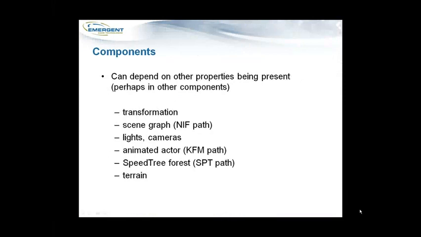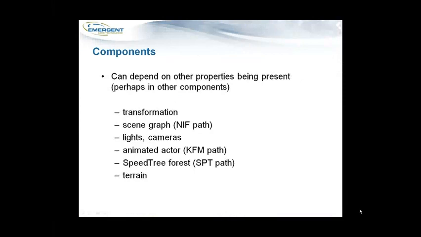A light, a camera, a path to a KFM file, which, if loaded, gives you an animated actor with both geometry and animations. A path to an SPT file, which, if you have SpeedTree, can be loaded to give you a SpeedTree forest. A path to a terrain object, which will give you landforms in Gamebryo. An entity can have any subset of these or other components, including components that your game creates.